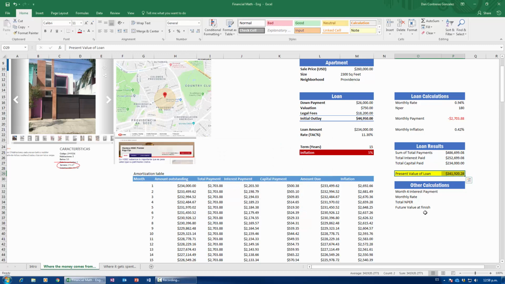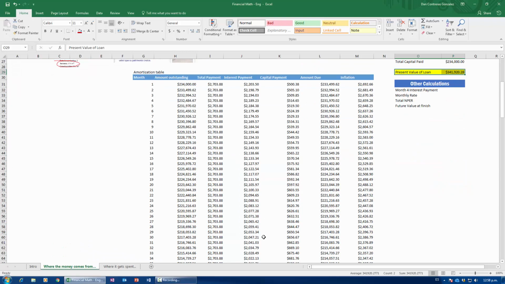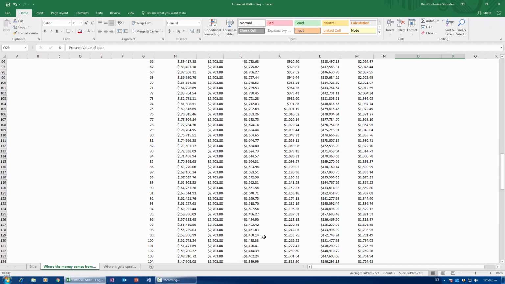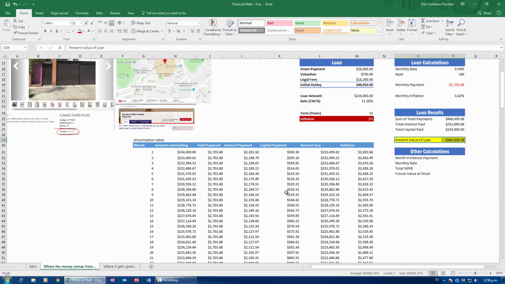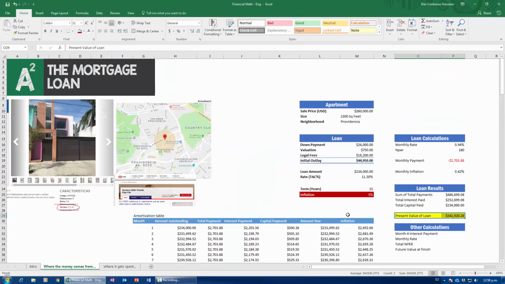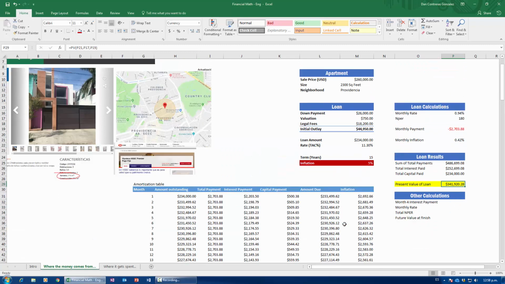And this is the present value of our loan, actually. So that means that if we were to take all the cash outlays throughout time, I mean both for interest and for capital, or pretty much the total payments throughout time, and discount the effect of inflation on them, that means that if we want to pay all of the loan upfront, including the interest, I don't know why you would want to do that, but it's just a theoretical exercise, it would be worth $341,000, all right?